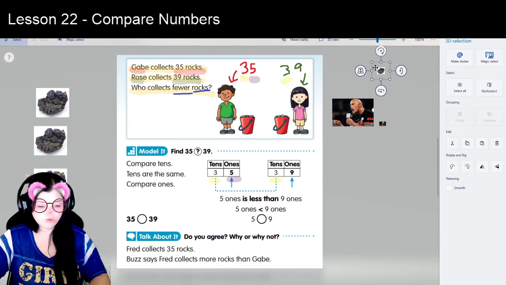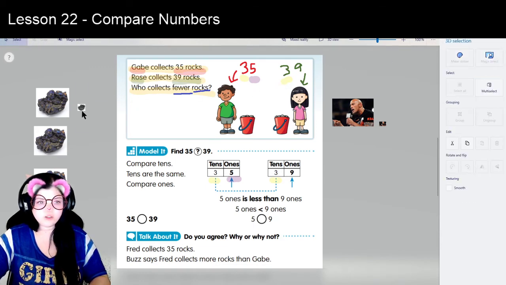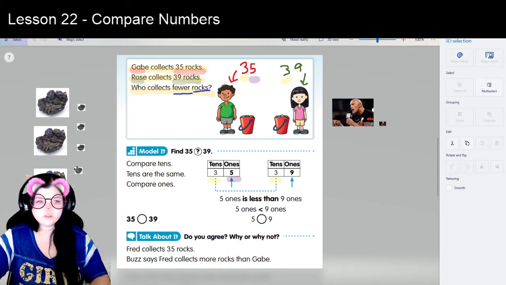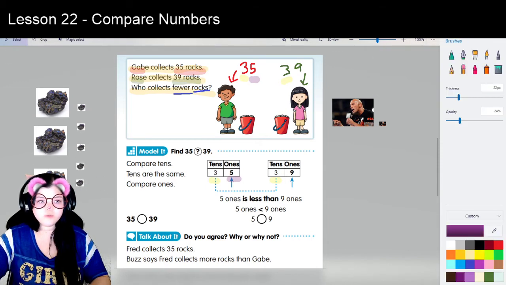So I made the little rock our ones. 1, 2, 3, 4, 5. So this is 35: 3 groups of 10 and 5 ones.